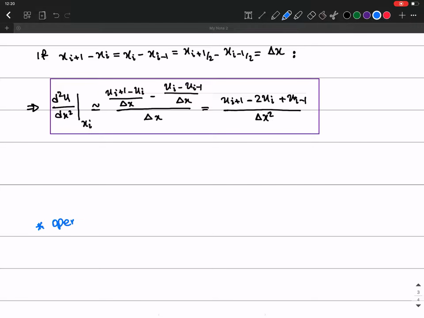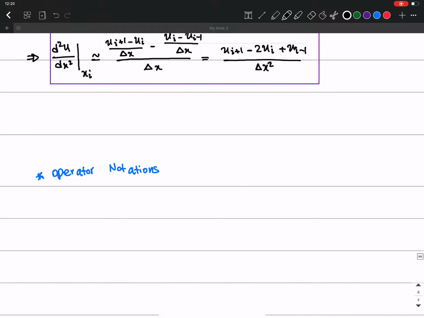Some operator notations that you might have noticed here. For forward difference, we have a forward difference operator, and we show that with delta.